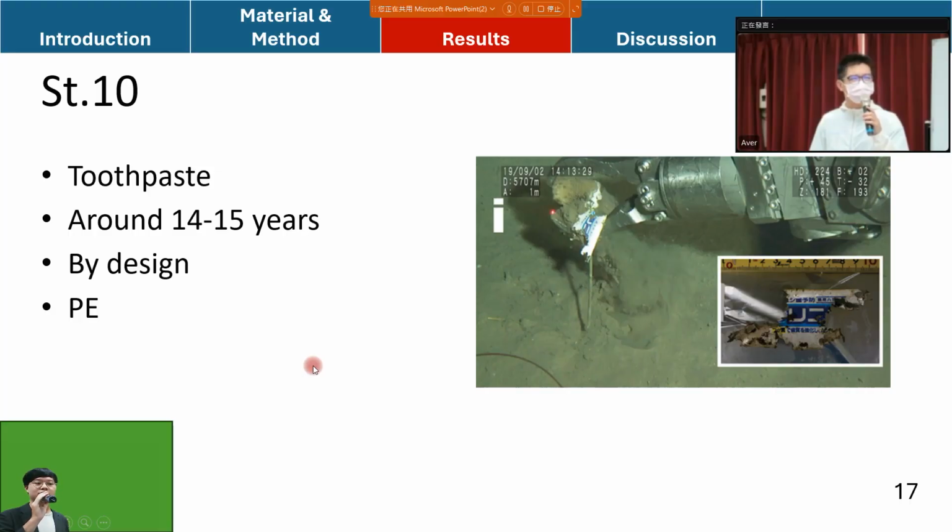The toothpaste, you said it's around 14 or 15 years. Is there any generated date or something? We could not see the generated date, so we assume it's made around 14 to 15 years ago, based on the design, by asking the company when this design of toothpaste was made.